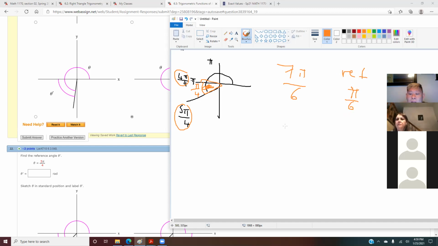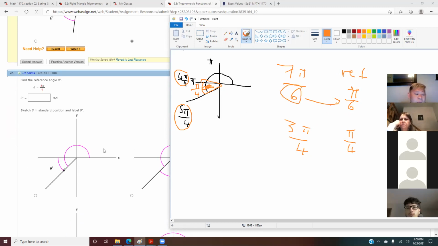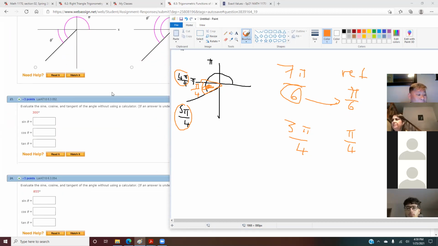If it's 3 pi over 4, what is the reference angle? Pi over 4. So if you're finding the reference angle for a radian piece, the drawing's helpful, but if you want to do it quickly, I will just tell you, this is over 6, so pi over 6.